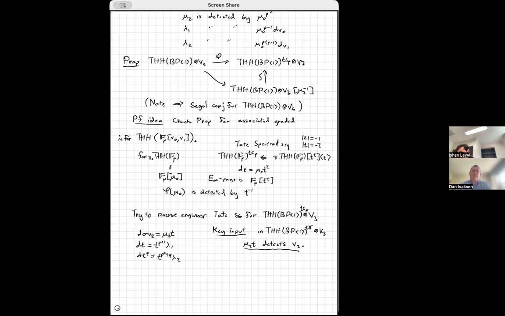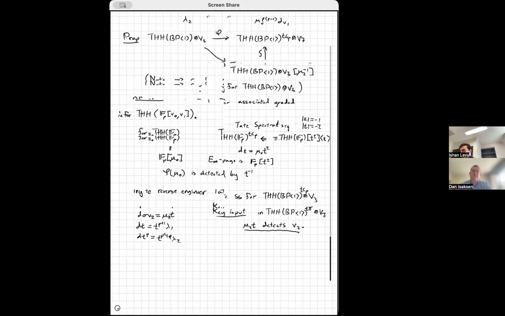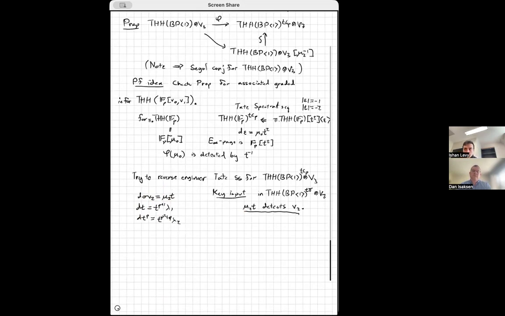And let me explain why you're kind of done at this point. First of all, I claim that this fact already implies that TC of BP1, if you tensor with the telescope of a type 2 complex, is non-zero, which is one of the facts that we wanted to prove anyways. This is this redshift fact.